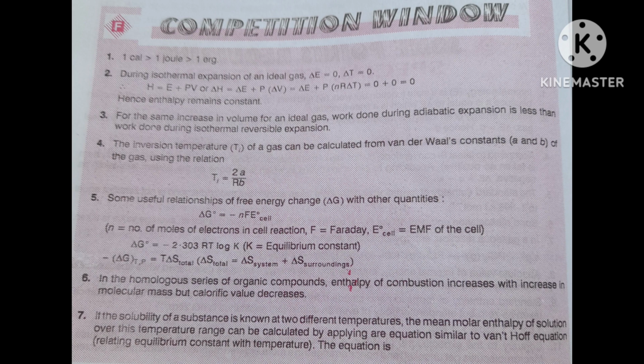You add both, then you get delta S total. That value you put in the relation: minus delta G at constant temperature and pressure is equal to T into delta S total.